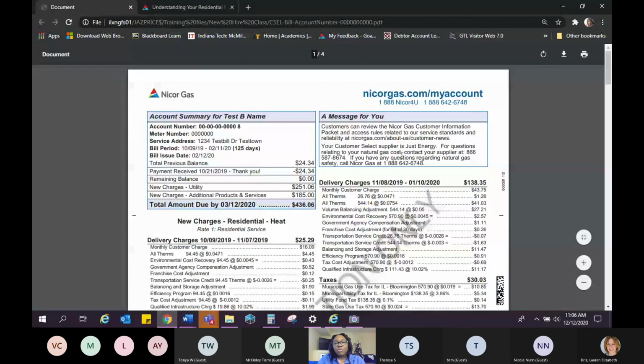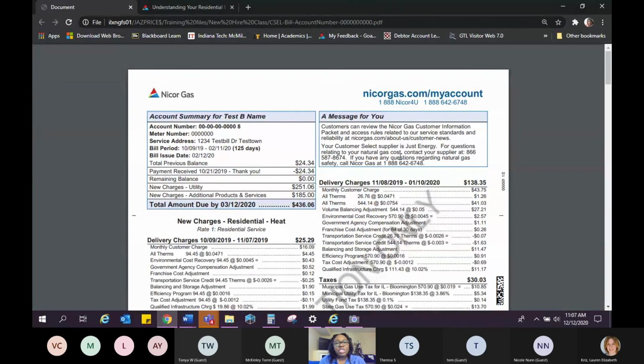Here you still have your message for you. This message is talking about the NICRA gas customer information packet and those rules that may be in there. But this customer, because they are paying a third-party supplier, it also gives them who their supplier is. It says your customer select supplier is Just Energy.